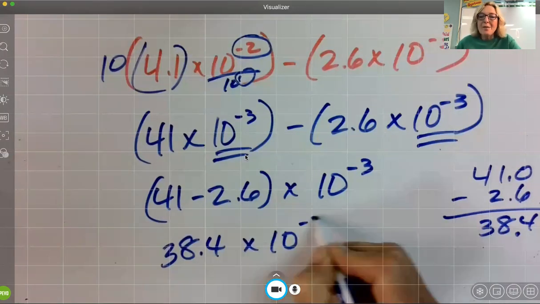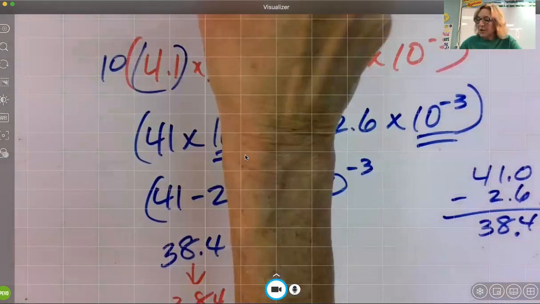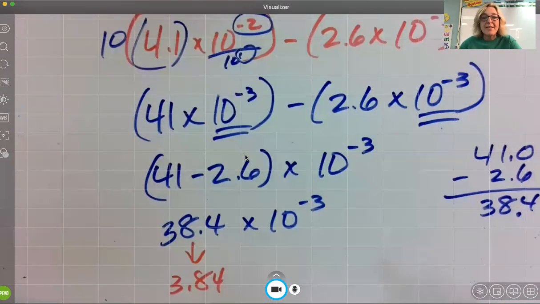And that's great, we've subtracted, but we need to adjust our difference, our subtraction answer, to be in scientific notation. So I need this to be 3.84, right? Because I'm using the same digits, but making it greater than 1 and less than 10. So 3.84, what did we have to do to 38 4/10 to get there?